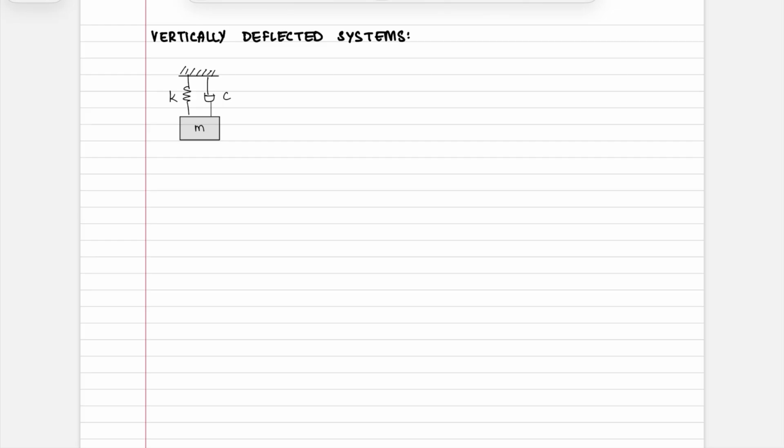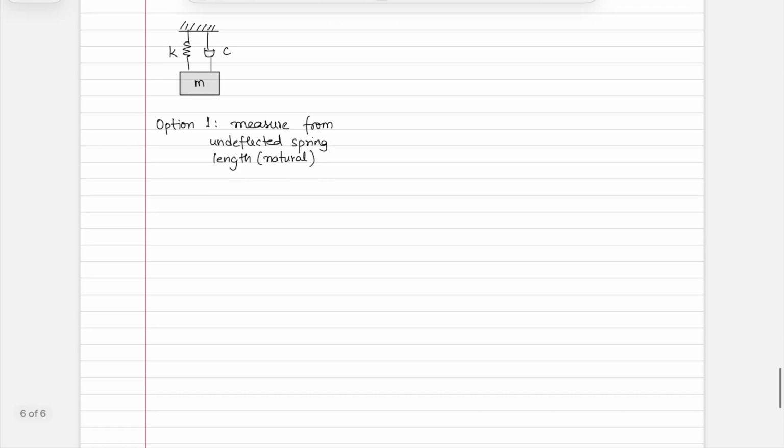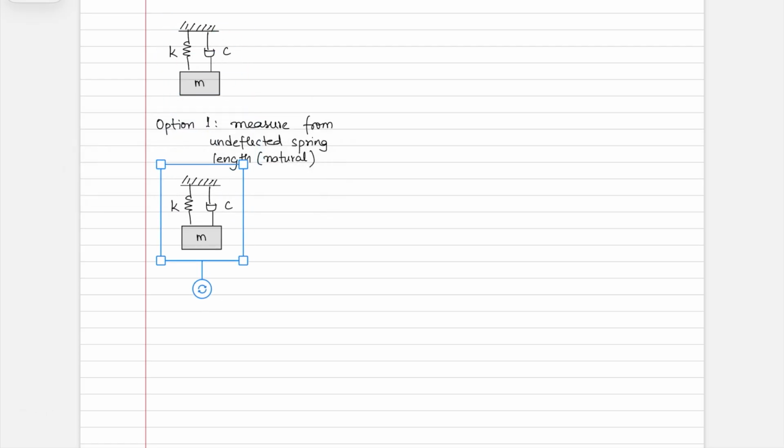There are two possibilities. One is you could take a measurement from the undeflected length of the spring. So option one, measure from the undeflected spring length, or the natural length. So then this would be your system.